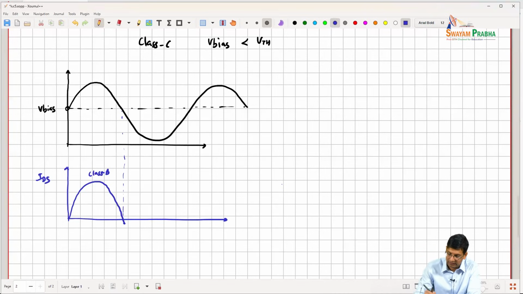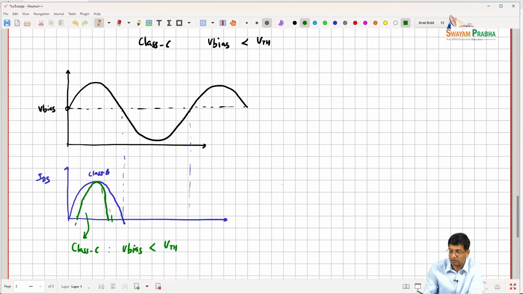And if I think about class C, it's going to be on for a smaller part of the cycle. So this is class C, where V bias is less than V threshold. So the IDS is on for less than half the cycle.